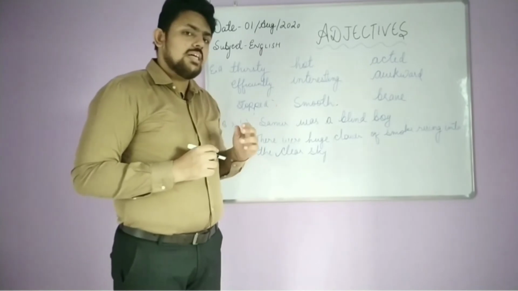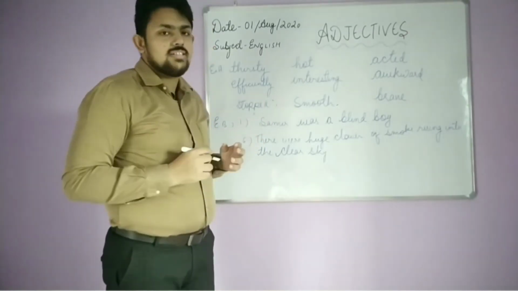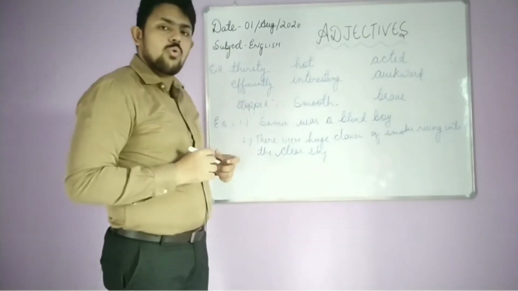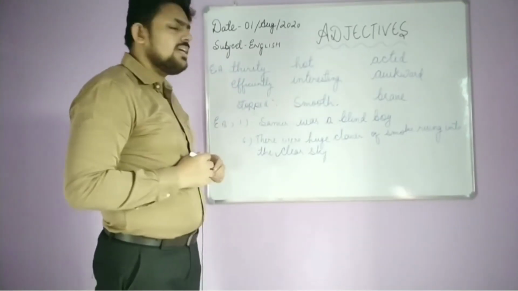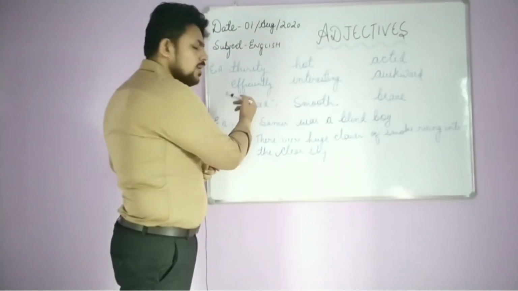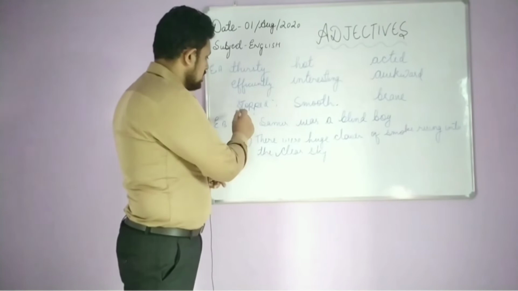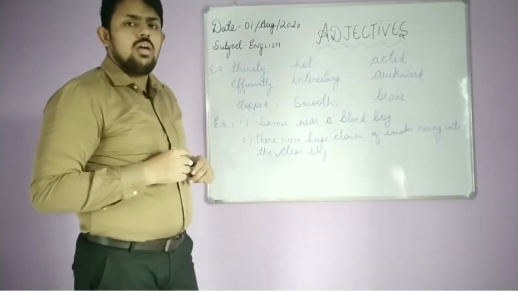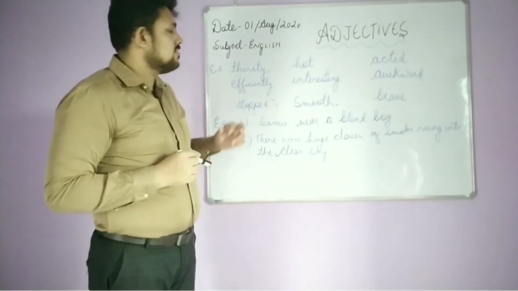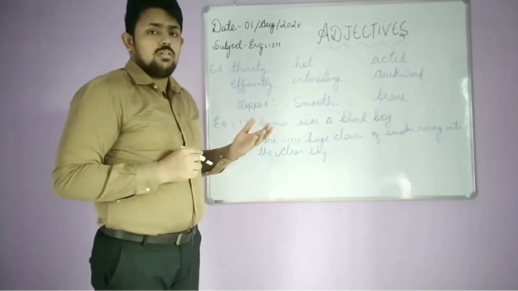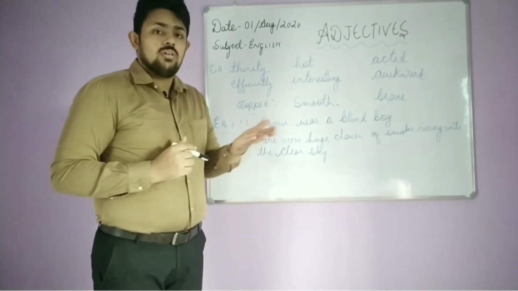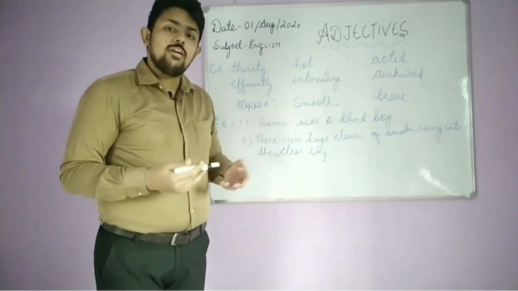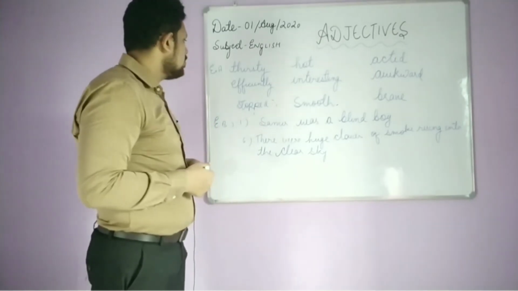So you have to single out the words which are not adjectives. See, in the first row we have thirsty, efficiently, stop. Out of these three, two are adjectives. Thirsty is an adjective: the thirsty crow, noun crow. What kind of a crow is it? It is a thirsty crow.